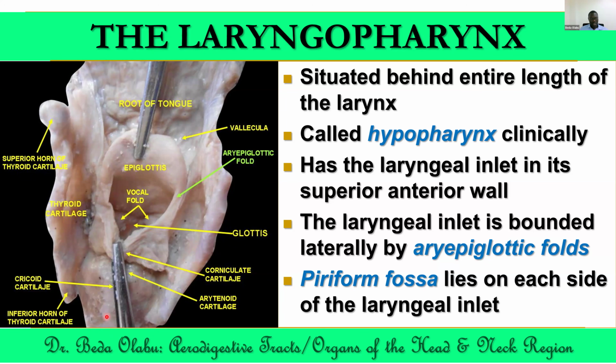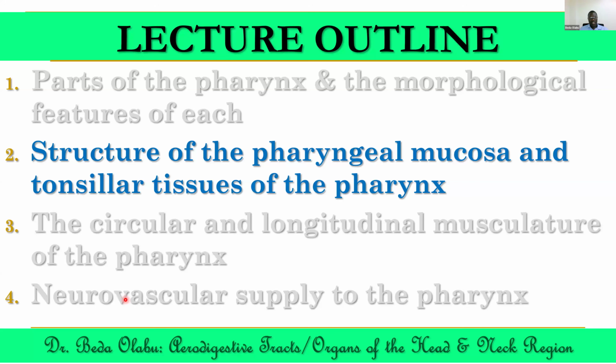This lower part of the laryngopharynx would be related to the posterior aspect of the larynx, as we can see. So that summarizes for us the morphology of the different parts of the pharynx.